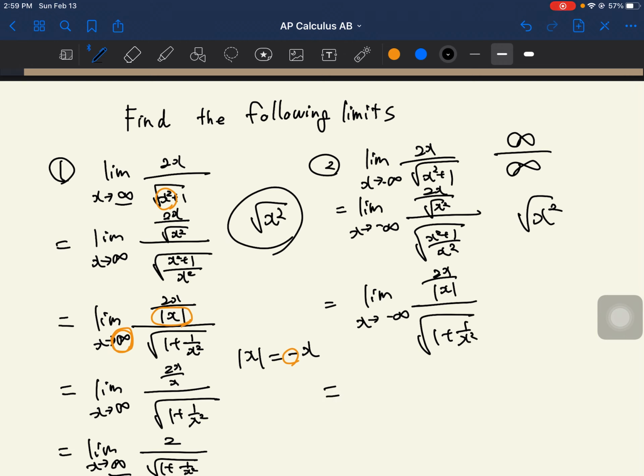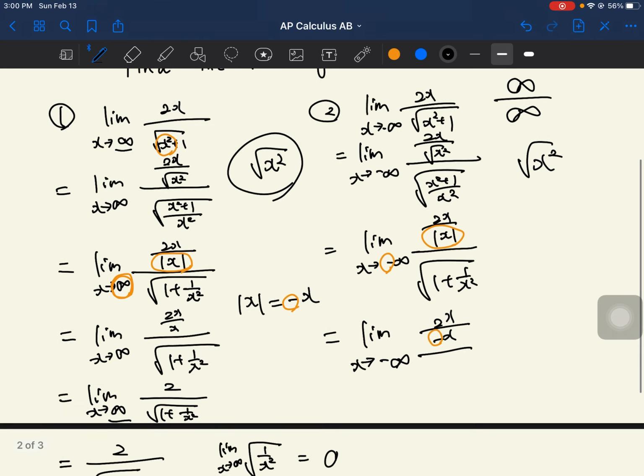This time you have to be careful because in this case the value of x is negative, so you can't just take the absolute value out. So it's going to be the limit as x approaches negative infinity of 2x over negative x. Okay, this is really important here.